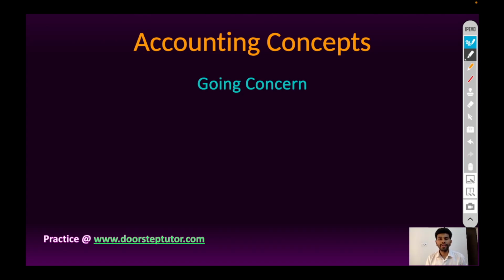Next is going concern. It is the basic assumption of accounting. It shows that the business organization will continue its operation in future, and it is not going to shut down or liquidate in the near future.